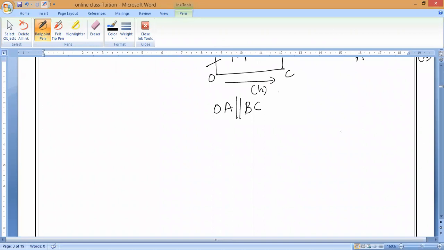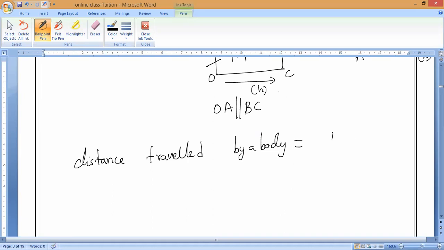Now, if I want to derive the third equation, it is very simple. The distance traveled by a body equals the area of a trapezium, which is OABC.